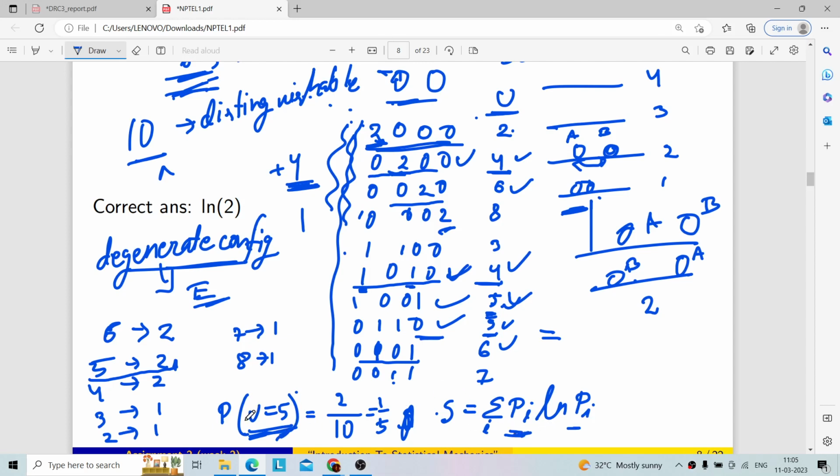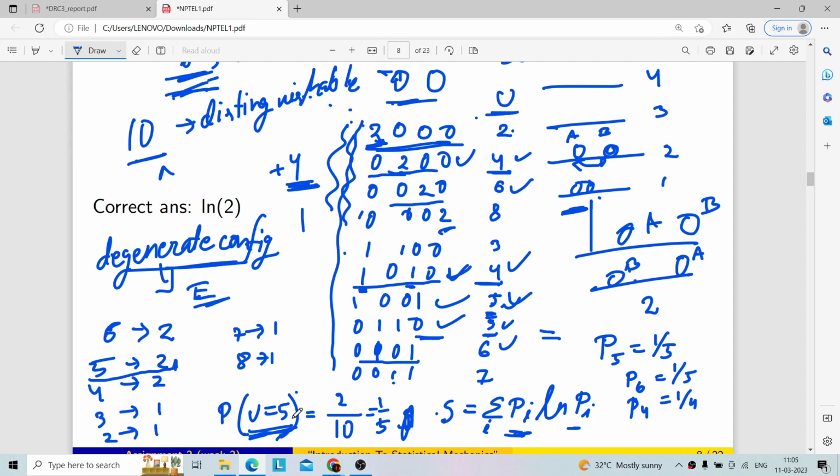So for U equal to 5, I have probability 1 over 5. So P5 is 1 over 5. Similarly, I can write P6 is also 1 over 5, and P4 also I can write as 1 over 5.